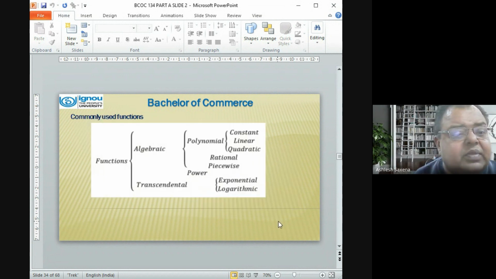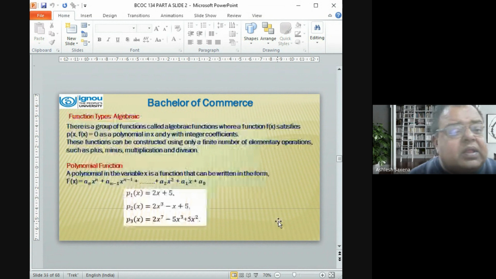Now, what are the commonly used functions? Algebraic or transcendental. If we talk about algebraic, they have polynomial. Polynomial can be constant, linear, quadratic, and they can also be rational piecewise. The transcendental functions are exponential functions and logarithmic functions. Function types.